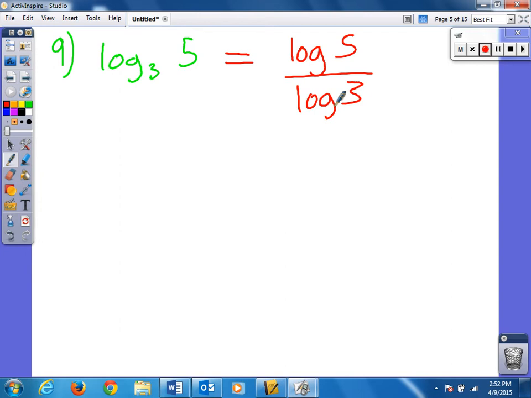So put that into your calculator and you should get about 1.46 approximately. It should be noted that you could also use the natural log. So you could say natural log of 5 divided by the natural log of 3. That would also work. You should get the same answer. Either way is fine.